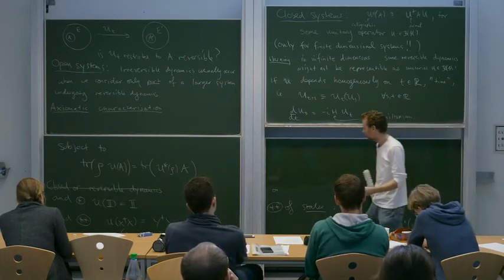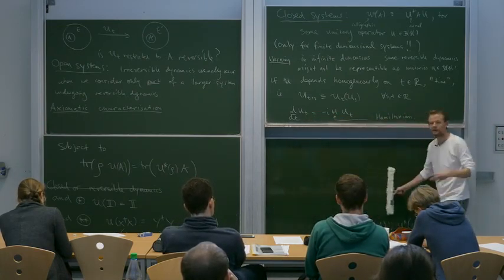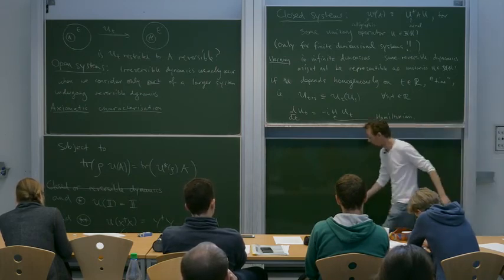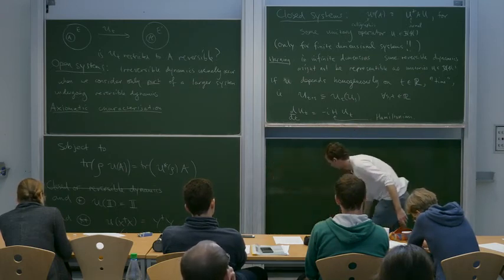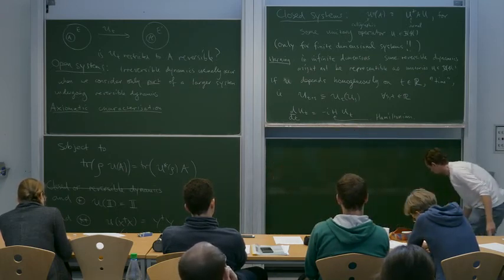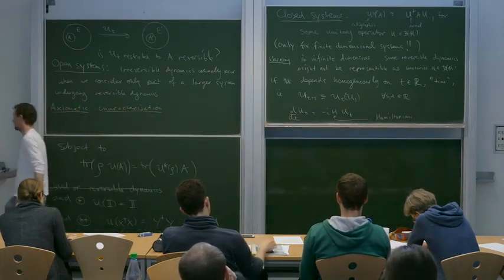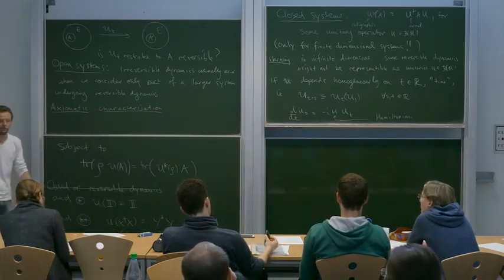You shut that barrier, and now you have a box with more particles than you began with, or fewer particles than you began with. So that system's gotten bigger or smaller. That's one way in which dynamics, we should allow that process within the set of things we call dynamics or evolutions.